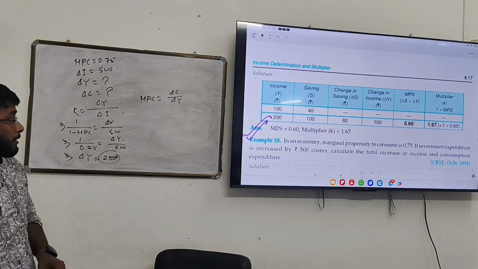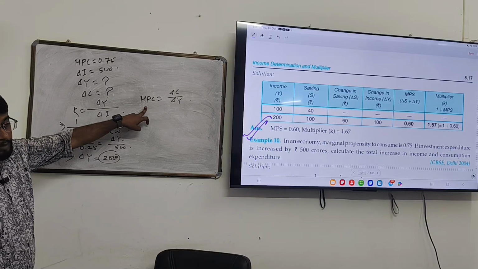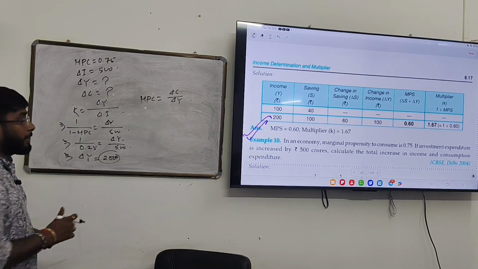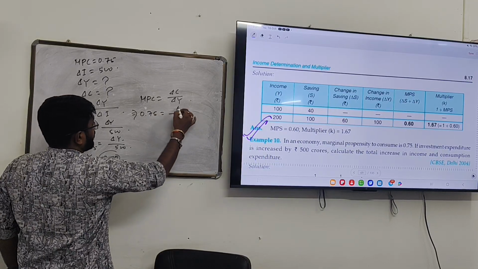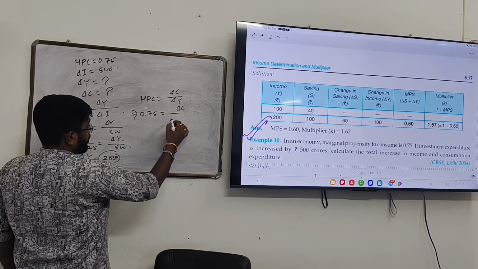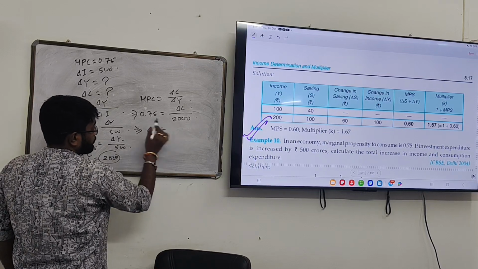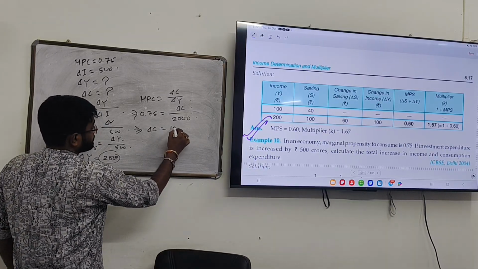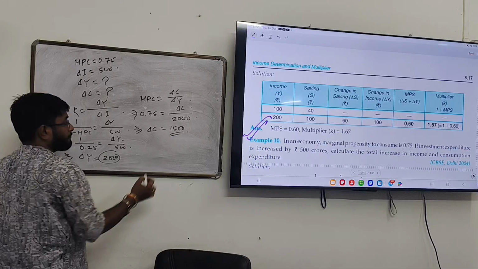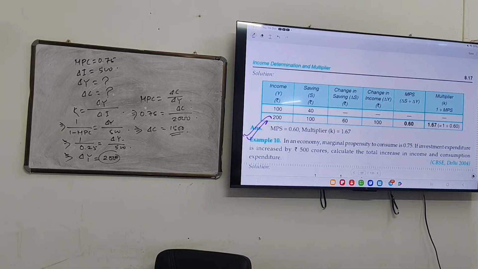MPC is 0.75, and delta Y you have just calculated as 2000. Now cross multiply, delta C equals 1500. 75% of 2000 is 1500. So in this question, delta Y is 2000 and delta C is 1500.